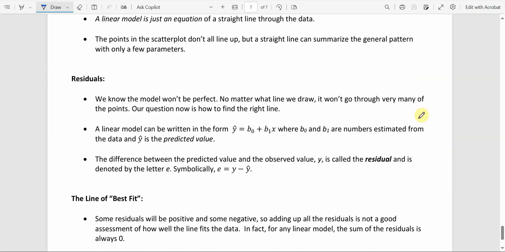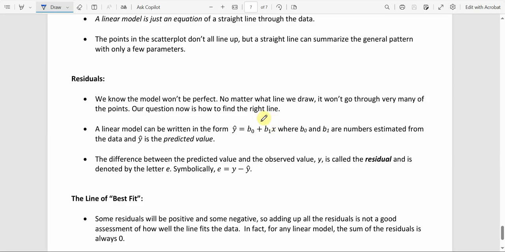And then this is kind of going along with that idea. So what residuals are: residuals are basically the vertical distance between where a point is and where the line is. The linear model gets written like this, and we'll see a lot of this in the back half of chapter 4. So y hat equals b0 plus b1x. b1 is the slope, right? Like in the linear equation, the number multiplied by x is the slope.